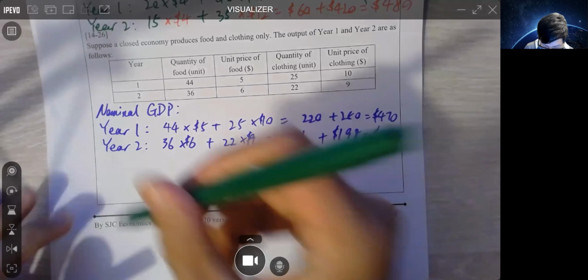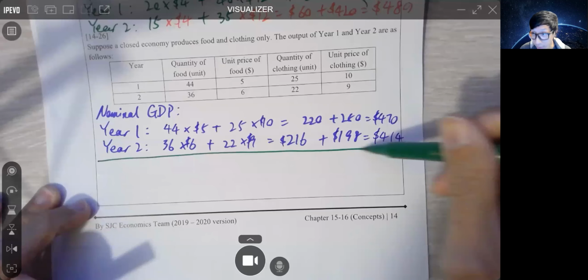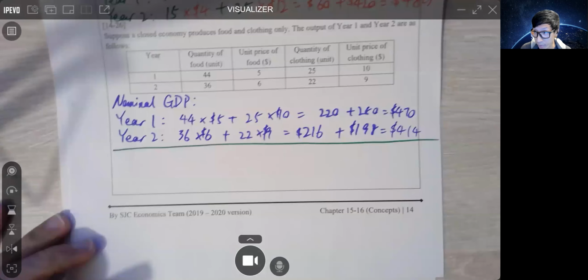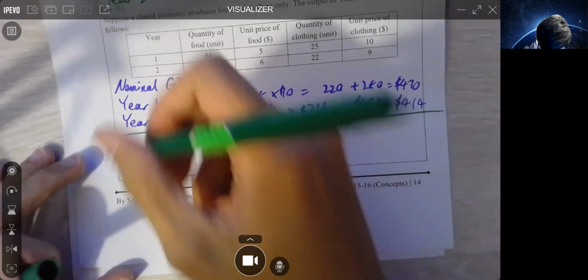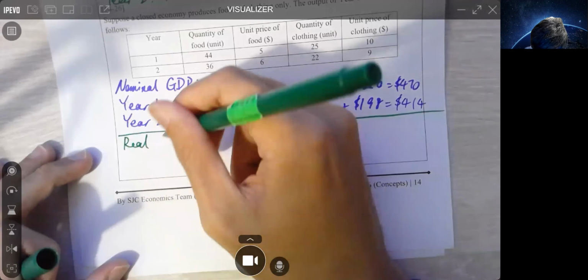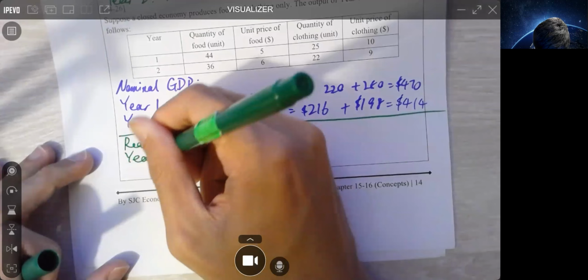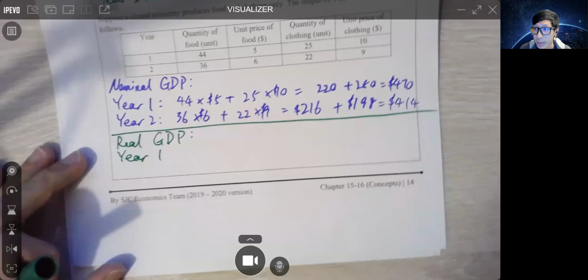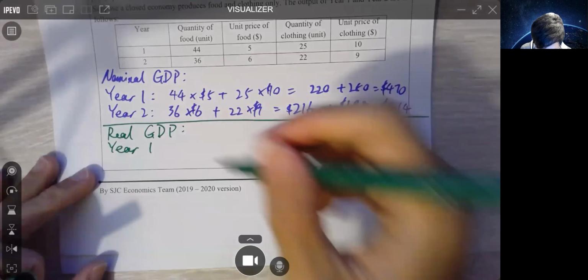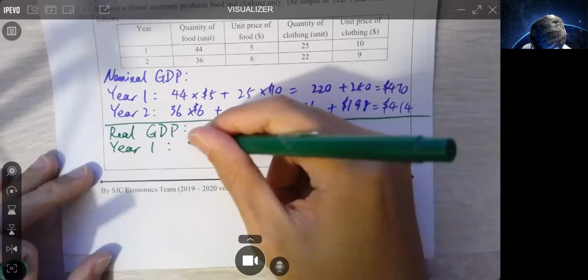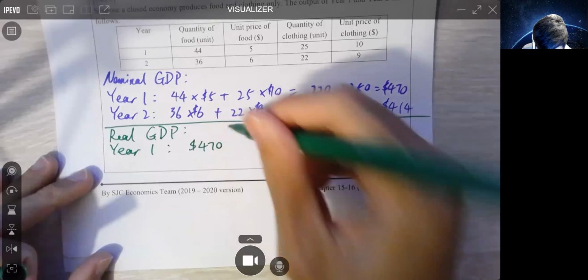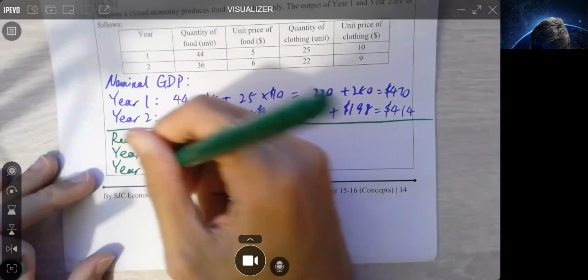Now what about real GDP? You do the calculation by yourself. I'm not sure if I made a mistake. Real GDP, obviously, year 1 is not going to change. Assume year 1 is the base year, then it is 470. What about year 2?